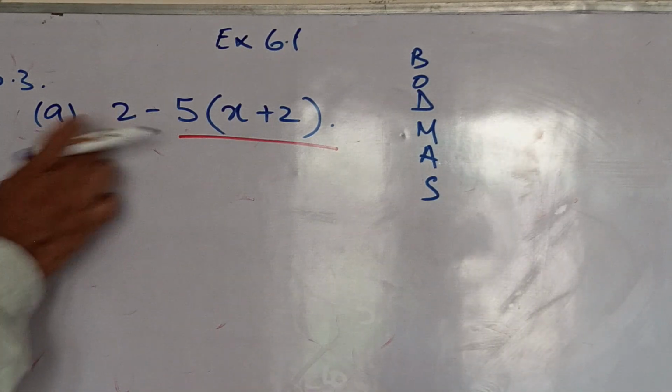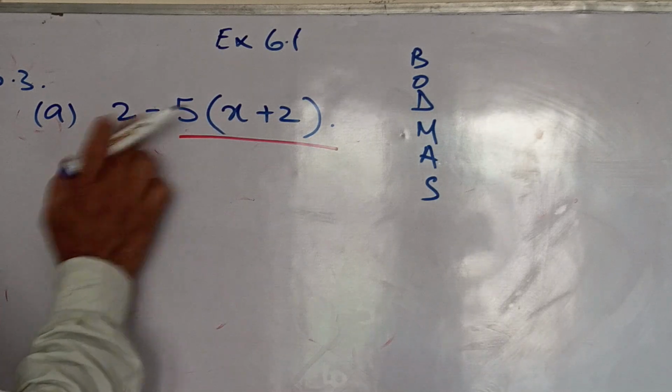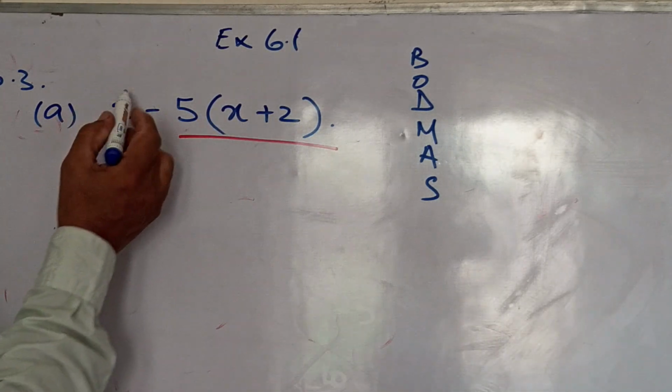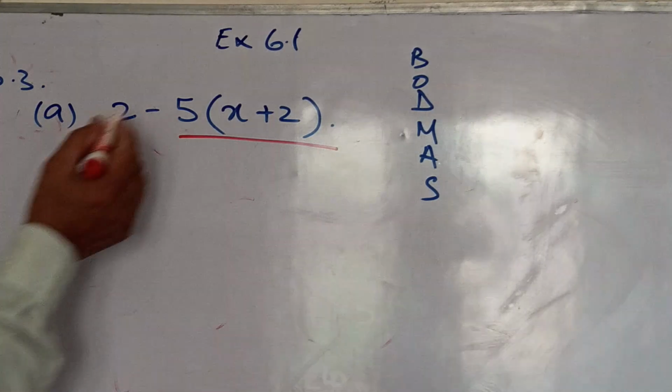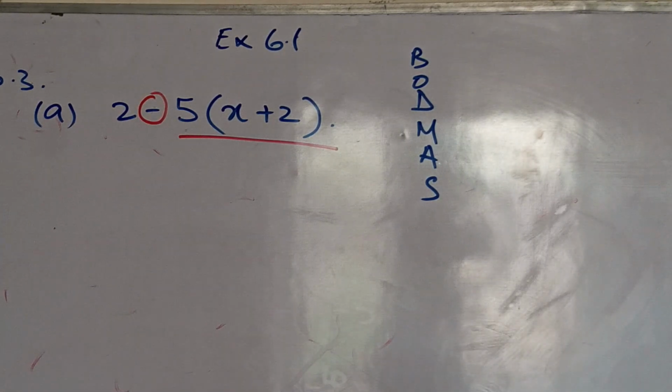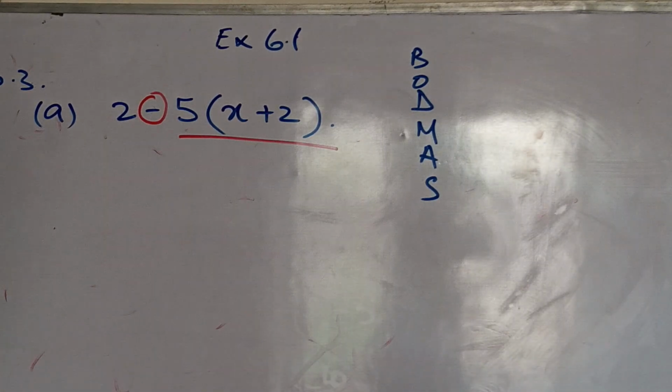Now this 2 is also outside the bracket, but we cannot multiply it with this, because there is a minus sign in between, which is separating the two terms.